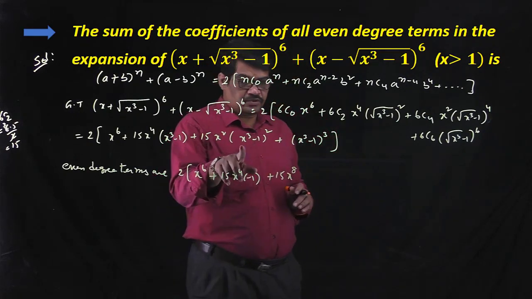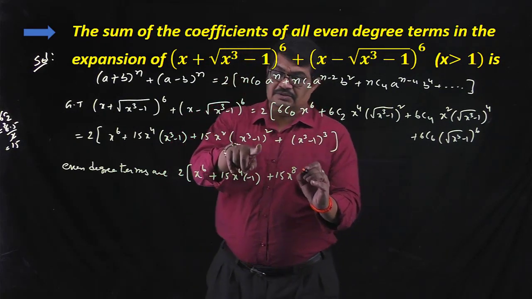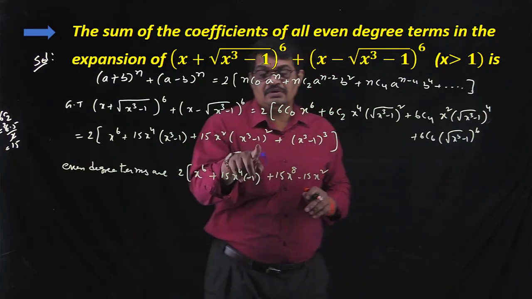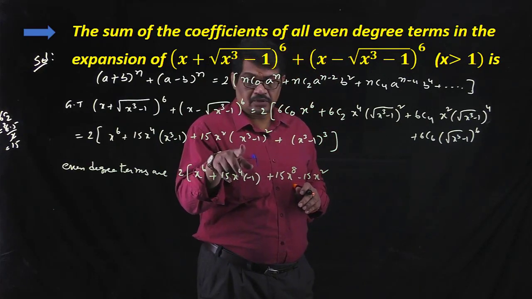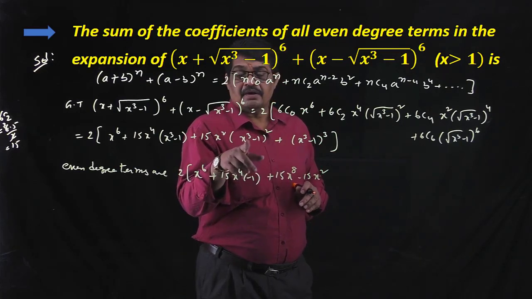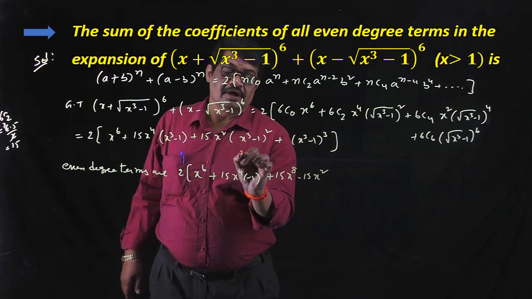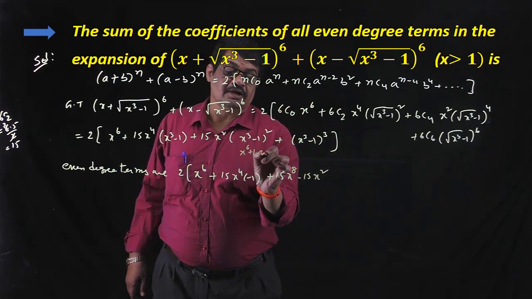Next, a square plus b square is 1, that is minus 15 x square, minus 1. What is a square? Now this expansion is x power 6 plus 1. This expansion is here x power 2 into 3, that is 6, plus 1 minus 2x cube.